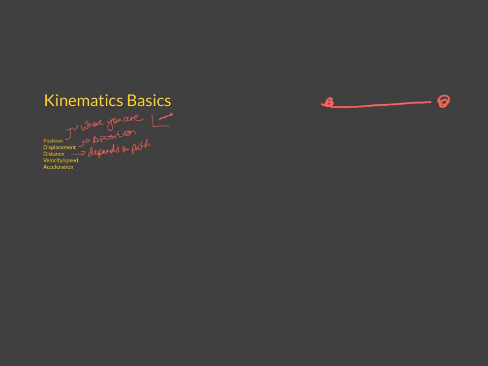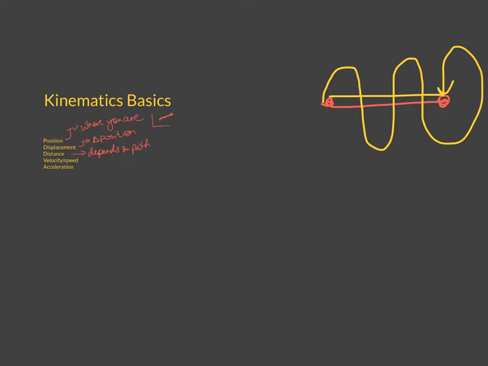My displacement is that distance. Okay. My distance is how far I went to get there. So it does depend on my path. My distance and my displacement could be the same if I didn't change directions at all. If I just went straight from A to B, then my distance and my displacement are the same.